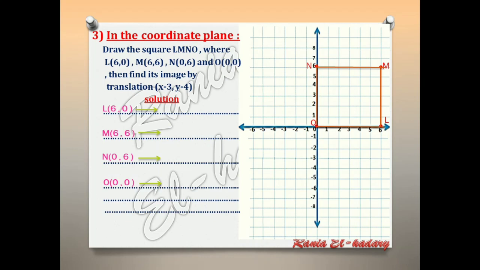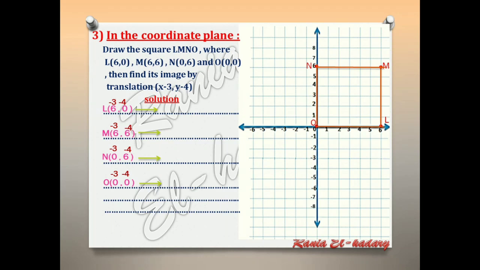The translation is -3 in X and -4 in Y. So write -3 above every X number in all points: -3, -3, -3. So I have -4 in the Y axis. Write -4 above every Y number: -4, -4, -4, -4. So the last step is to find the image.